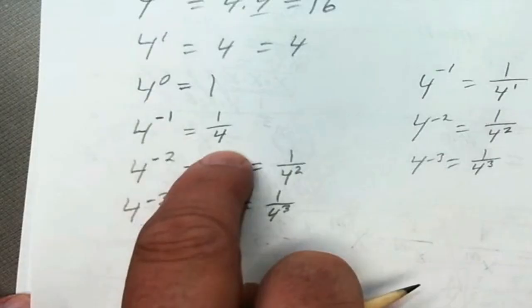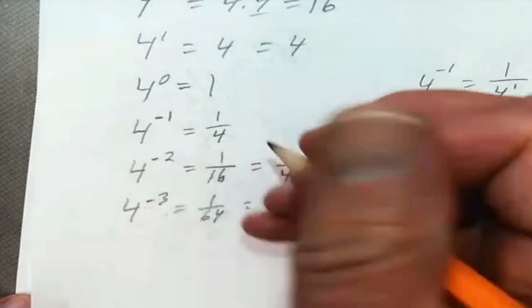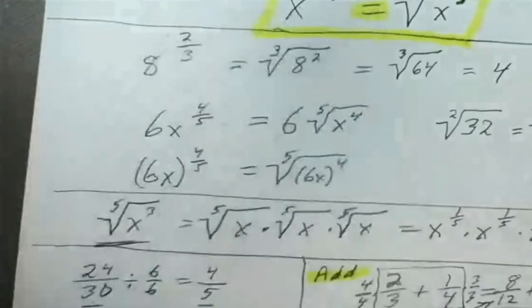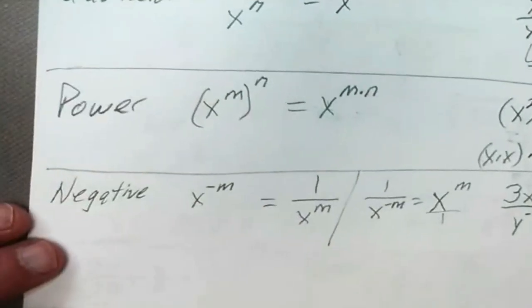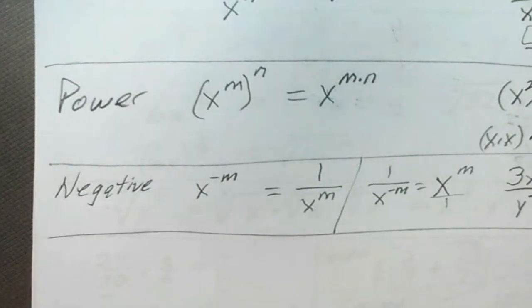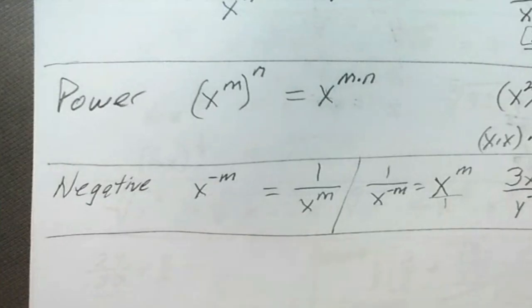The 4 moves down into the denominator and becomes a positive 1. That's a first power. So this is what we added to our exponent properties: how to make a negative exponent into a positive exponent.